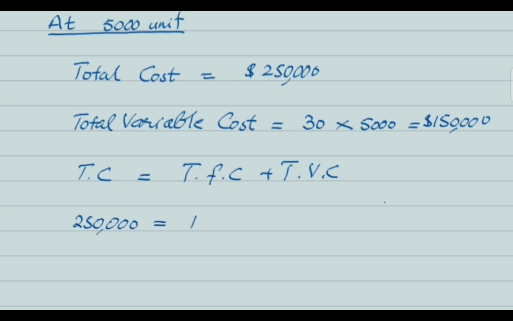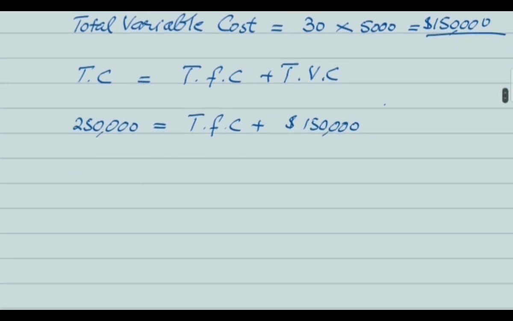What is the total fixed cost? We have to calculate. What is the total variable cost? We have calculated it as 1,50,000. Now we can easily calculate the total fixed cost as the difference between total cost and total variable cost, and it will be $1 lakh.